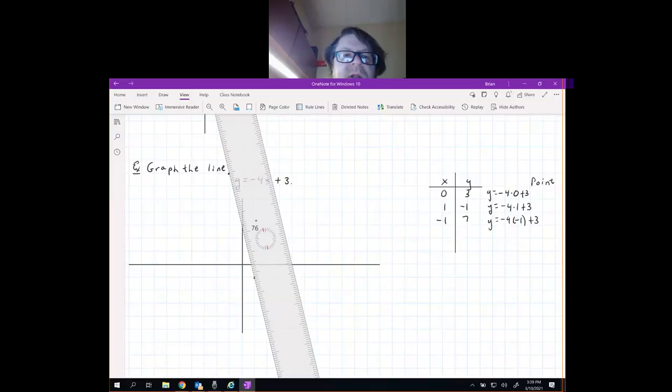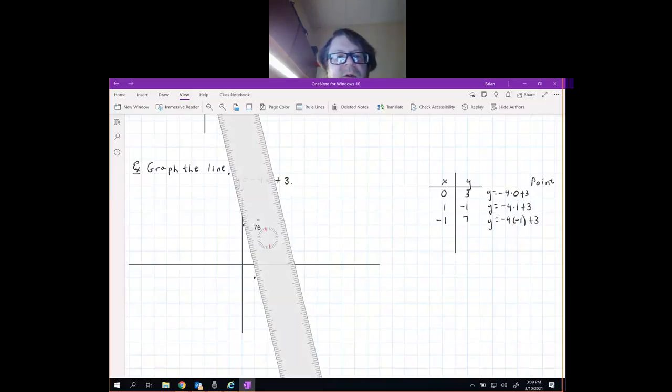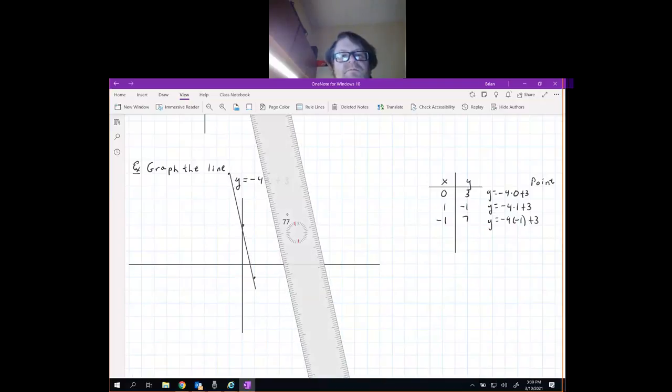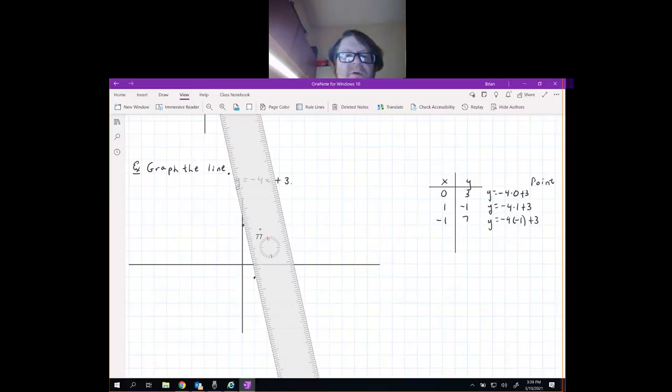All right, connect them with a straight line if your ruler will let you do it. Terrible. That's horrible. Let me do it. Okay.